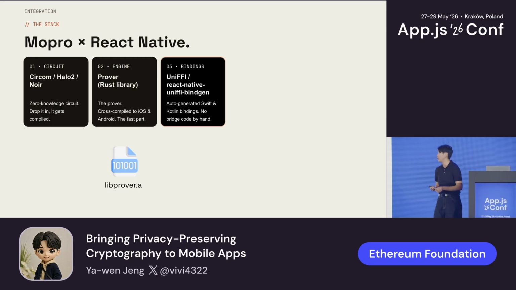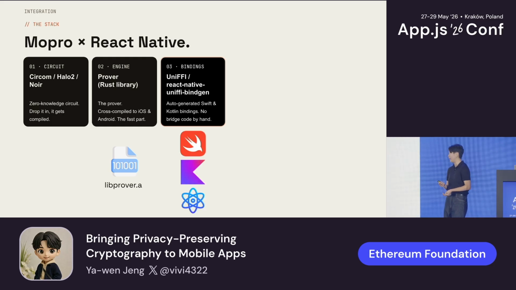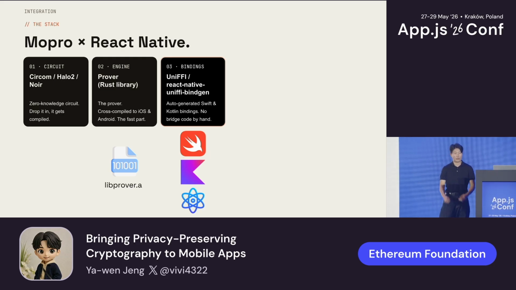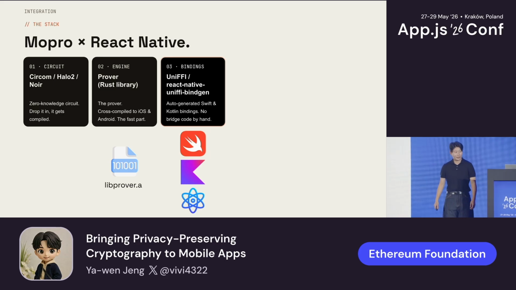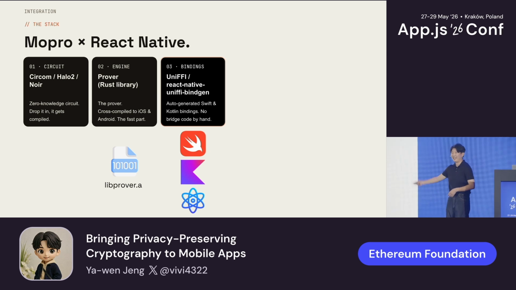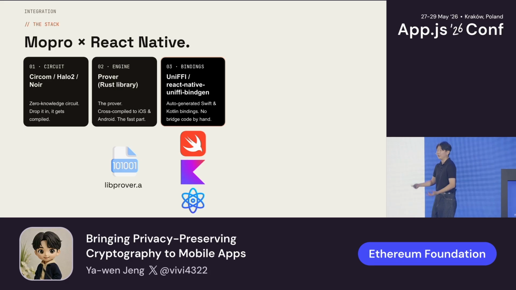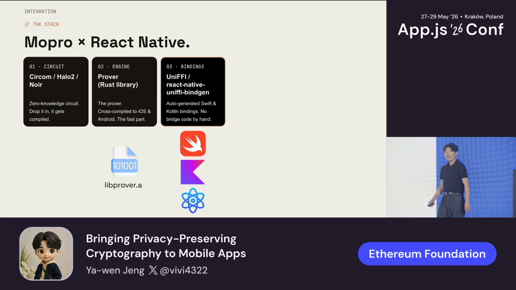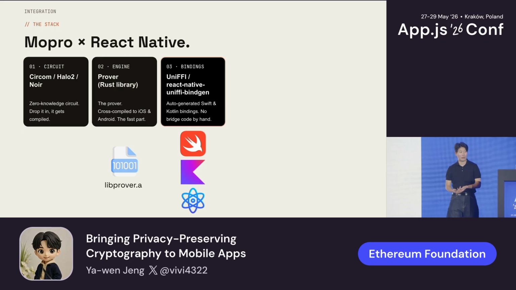It can auto-generate the Swift and Kotlin bindings, or even React Native bindings, so you don't have to write these headers yourself. But there are still problems: we have to manually set up everything in different languages, and some provers don't build for different platforms, and only build for laptop or browser.